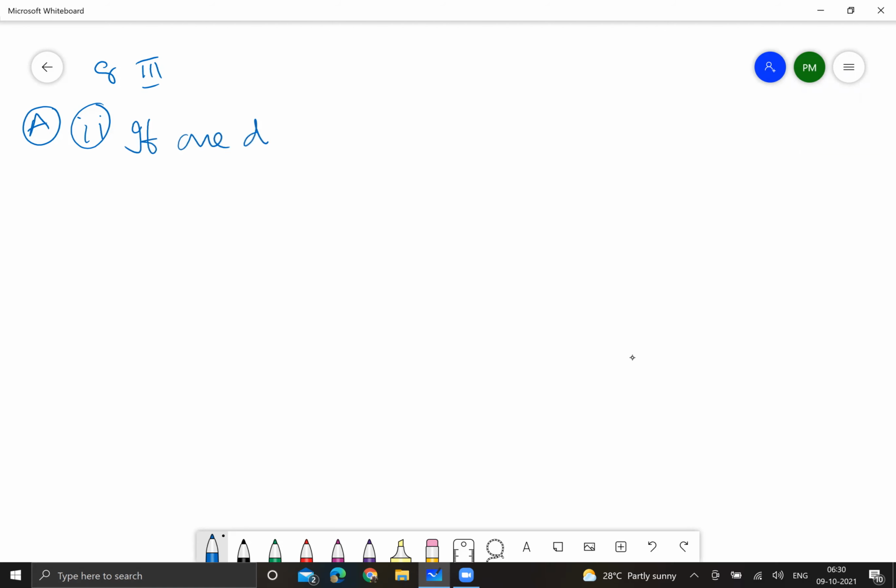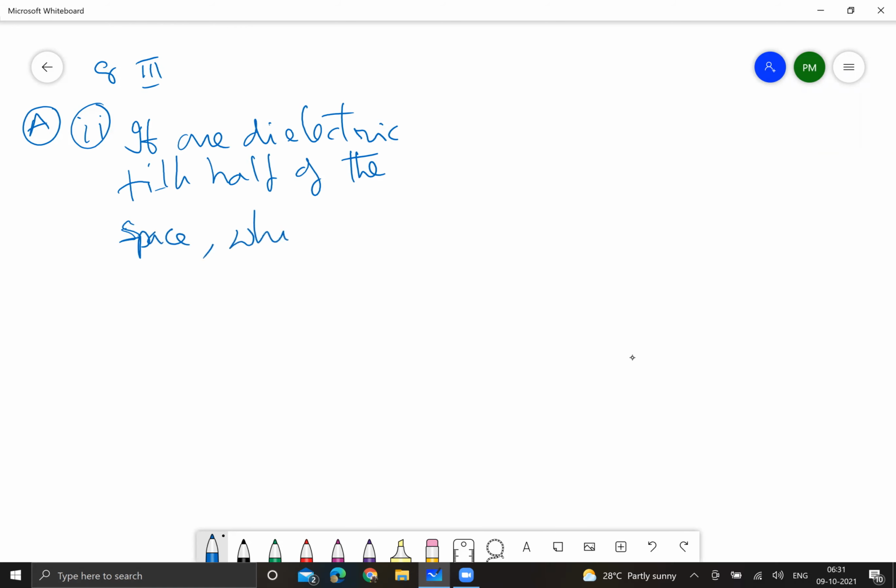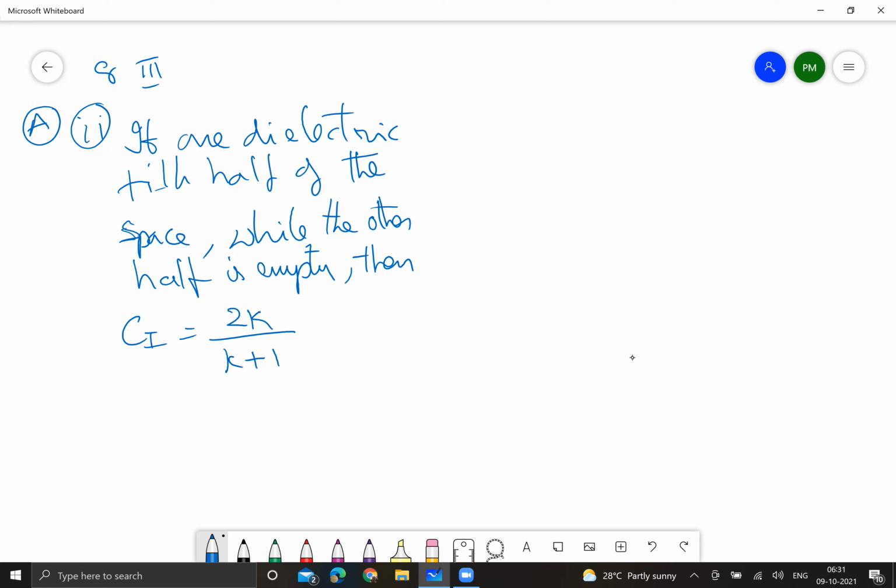If one dielectric fills half of the space, while the other half is empty, then C1 becomes 2K by K plus 1 into C naught. Am I right?